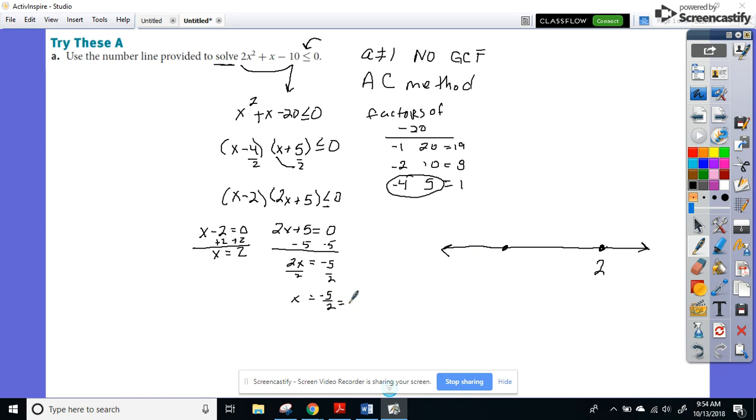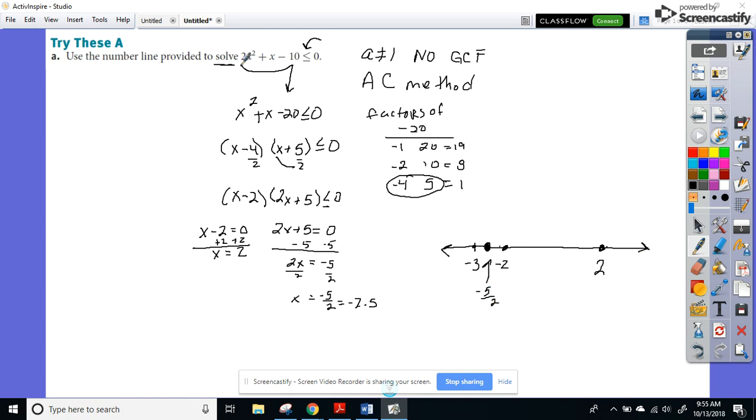If you need to, change it to a decimal. I think that's negative 2.5. So if this is negative 2, and this is negative 3, then 2.5 is going to be right there in the middle. Okay, so here's our 2 x-intercepts. Right there and right there.